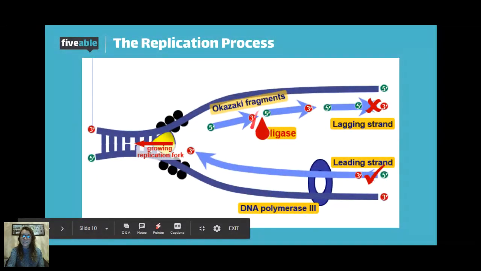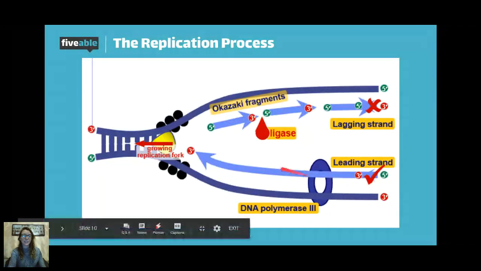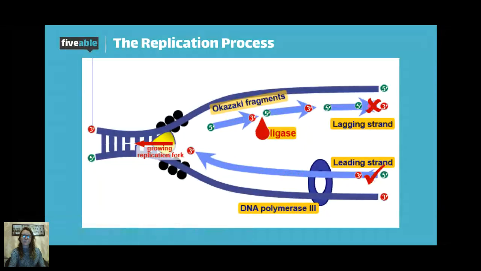Ligase is the enzyme that ligates, which is a fancy word for glues. It seals together the sugar and phosphate bond so that these Okazaki fragments are no longer fragments, and we have nice smooth DNA, just like in the leading strand, all connected. So thank you, ligase. It glues all those together and makes one nice long strand.